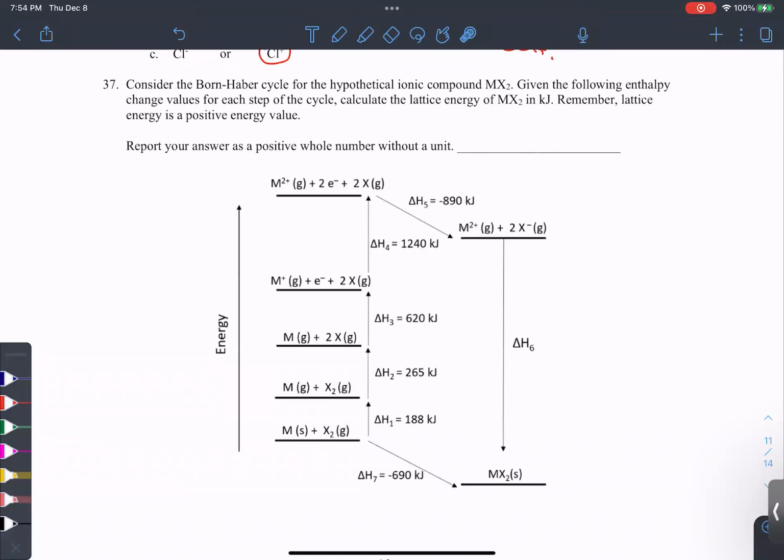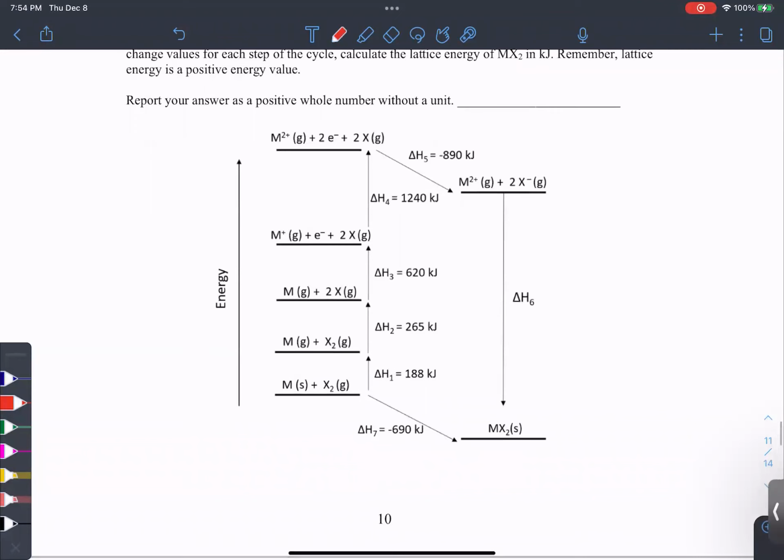At least for my class, I assigned Mastering Chemistry homework questions that did use thermodynamic data, but those are much harder. This is not too bad. So basically what I recognize, which one of these steps is the heat of formation? Heat of formation of MX2. The 7th, this one.